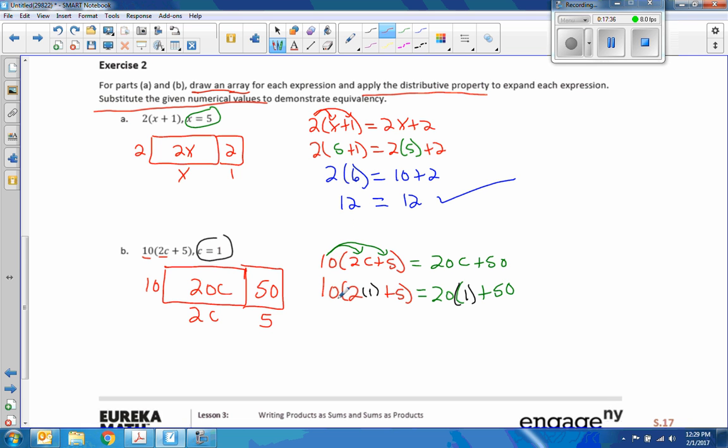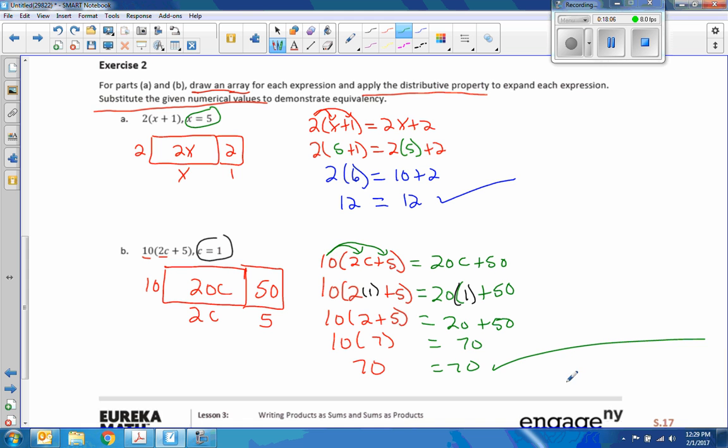Okay. PEMDAS says to multiply first, so we have 10 times 2 times 1, which is 2, plus 5, which is 7. And 10 times 7 is 70. If I come over to the other side, I get 20 times 1 is 20, plus 50, and that also equals 70. Okay, just took one less step there, but 70 equals 70.